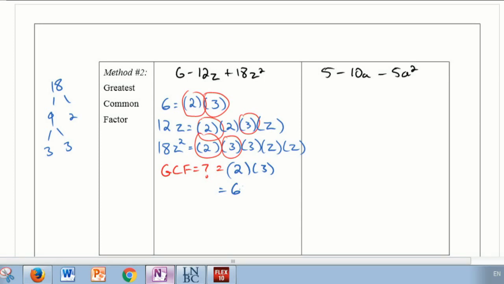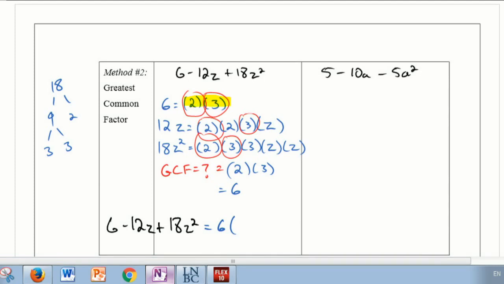So if I were to rewrite this, I don't know if I'm going to have enough room here. 6 minus, this was my original equation, 6 minus 12z plus 18z squared. I know my greatest common factor is 6. What was left in the first term after I pulled out a 6?